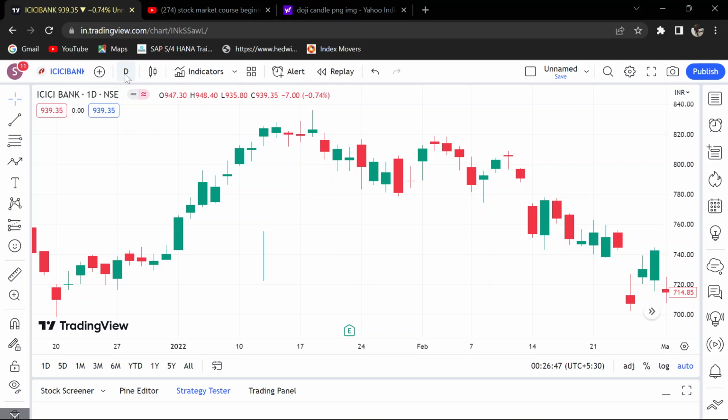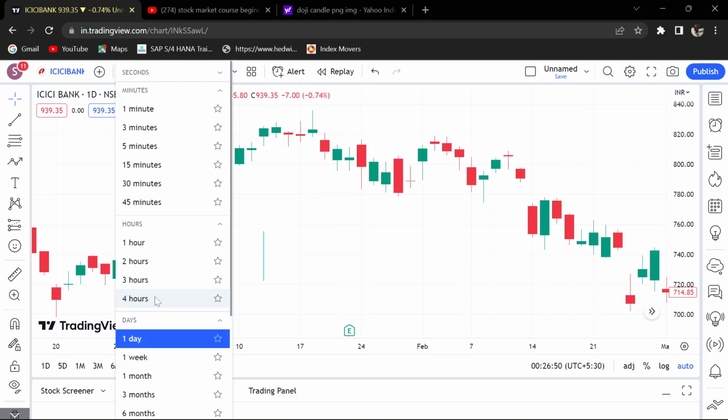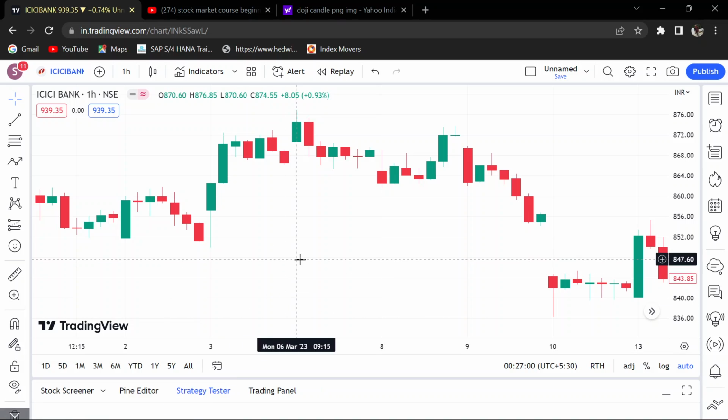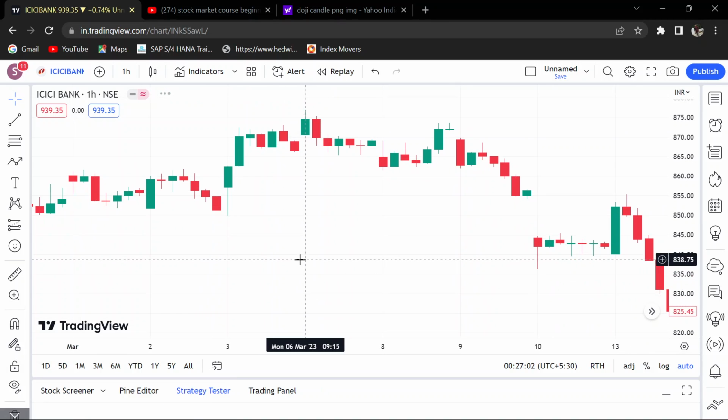If you take a smaller time frame, it will show hourly candles, 30 minute candles, 5 minute candles also. I'll tell you what the difference between the time frames is and when each should be used. Generally, if you are investing, I mean taking a trade for a long time, you will use a longer, that means higher, time frame.